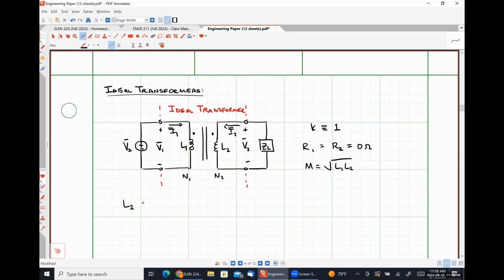The inductance of coil L2 is proportional to the number of turns in coil 2 squared, right?